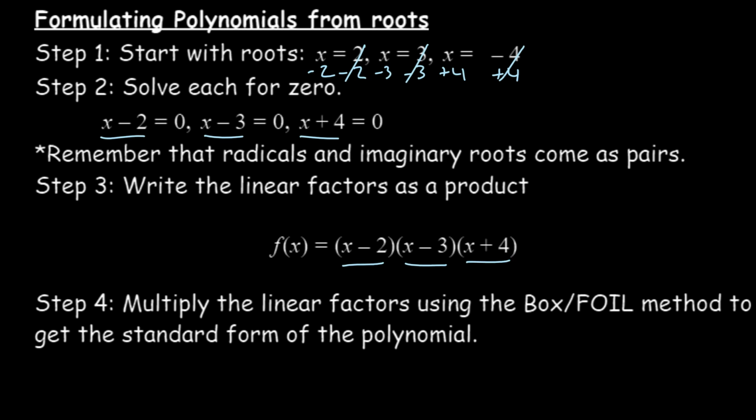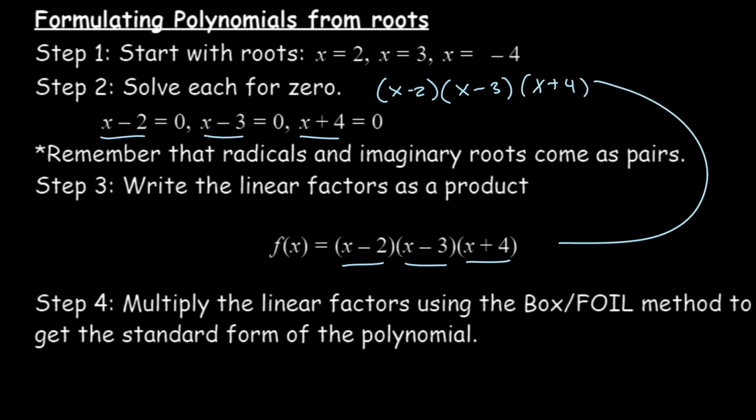Boom, we have our factors. Do you think you need to show this step too? You don't need to show this step. If I was doing this on my own, I probably would look at these and go, okay, x minus 2, x minus 3, x plus 4. And that's exactly what they got there.